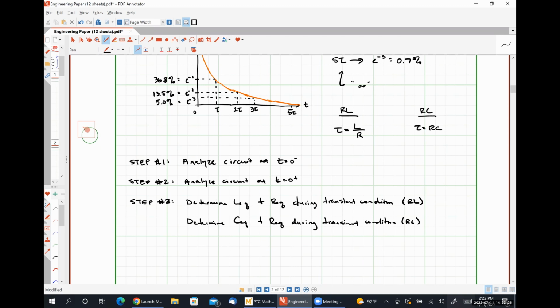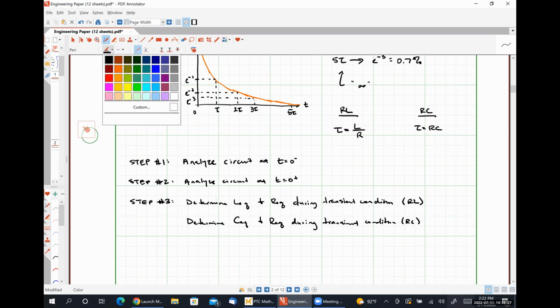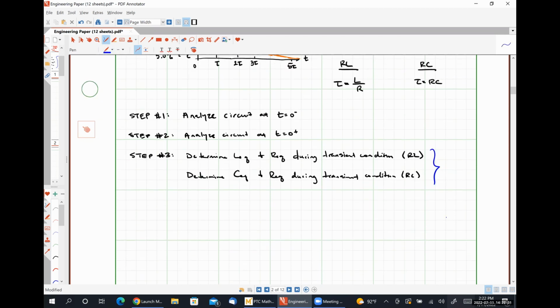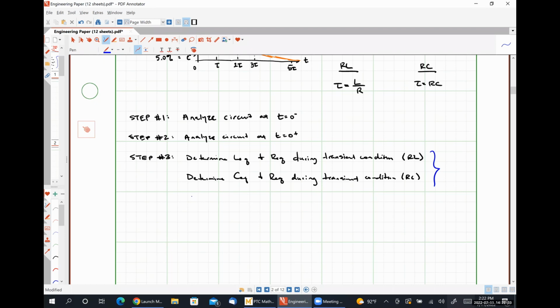What we're going to do is effectively lump these two things together by saying now we will just determine tau during our transient condition.